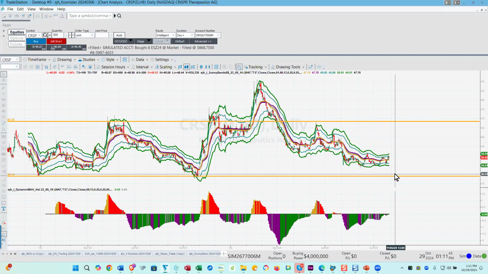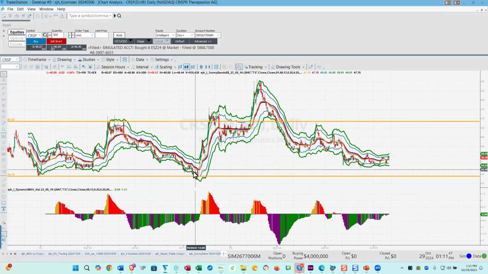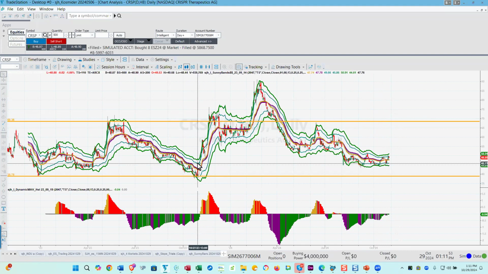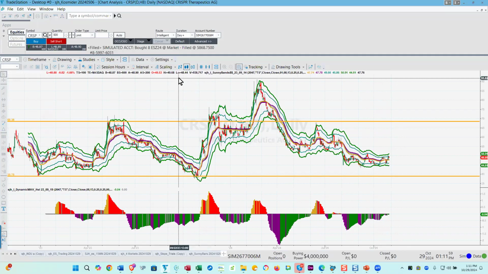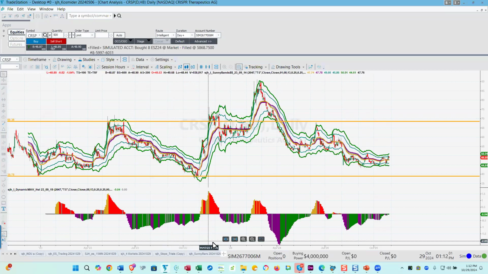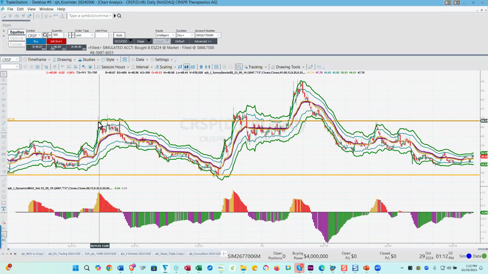So until the down is over, like it is over here, and breaks above the DMA, I'm not going to be buying. I'd rather pay a little more for a stock and know it's going up than pay a little less for it and have it go south on me. That's just my philosophy, but that's where I'm coming from.